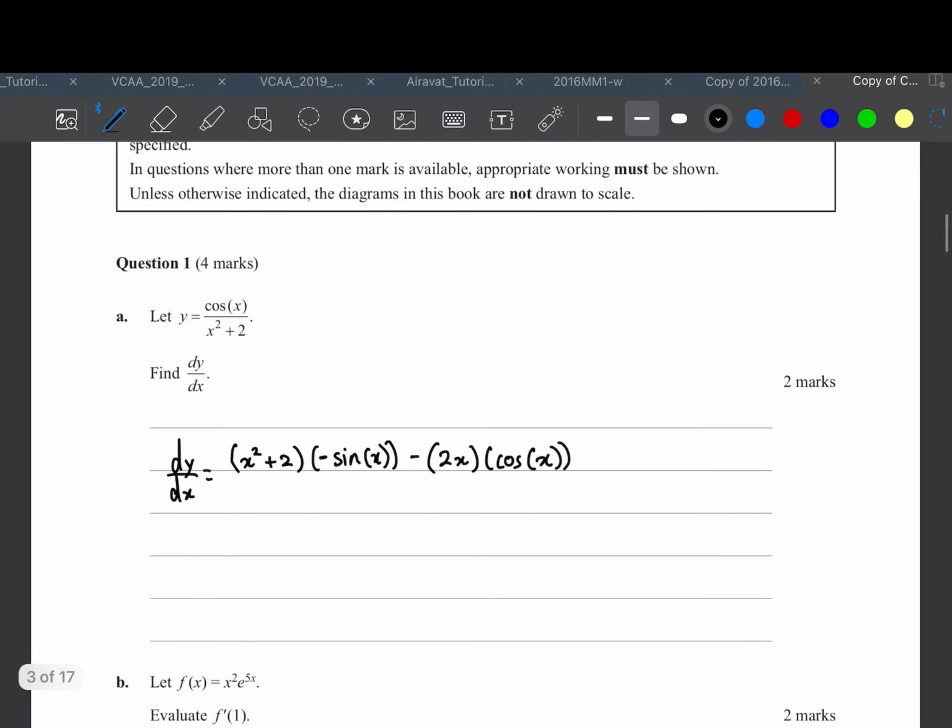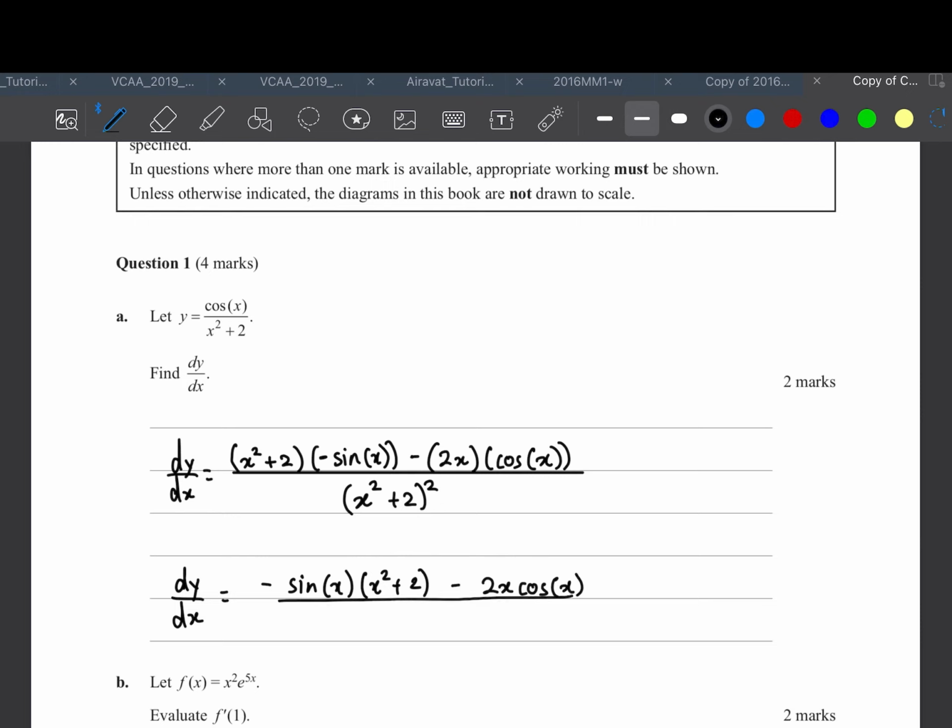Alright, and of course divide the whole thing by the bottom function squared, so x squared plus 2 whole squared. Now this will simplify our answer to negative sine of x times x squared plus 2 minus 2x cosine of x all over x squared plus 2 whole squared.